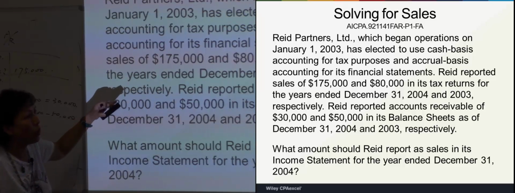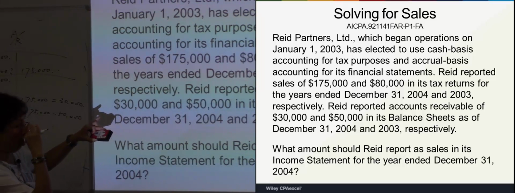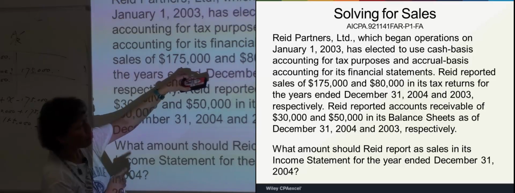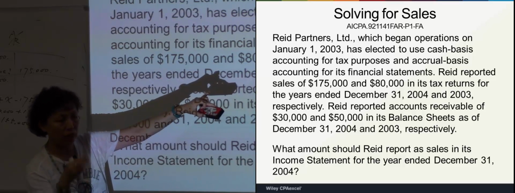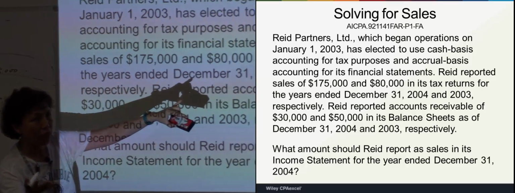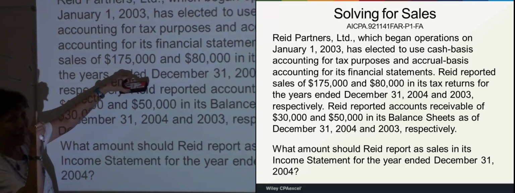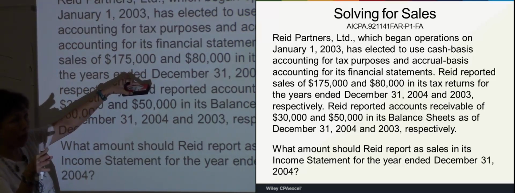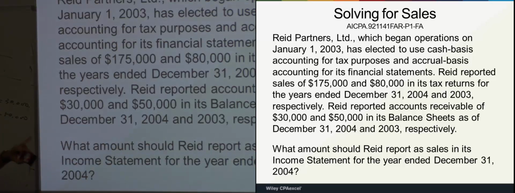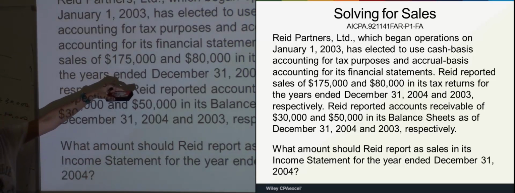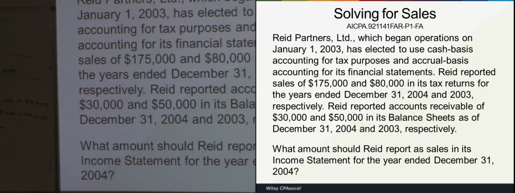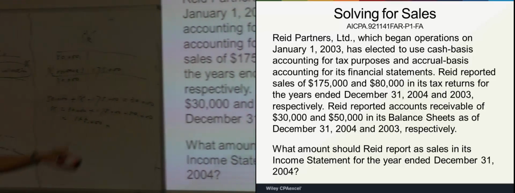How do you know the cash amount? Because this is the amount reported on the tax return, and the tax return uses cash basis. So we collect this amount in cash.